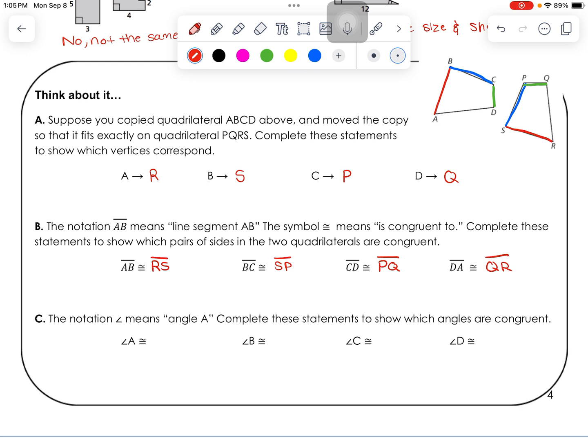Okay, the same way, we can look at angles. The notation there means angle. And we're going to compare which angles are congruent.